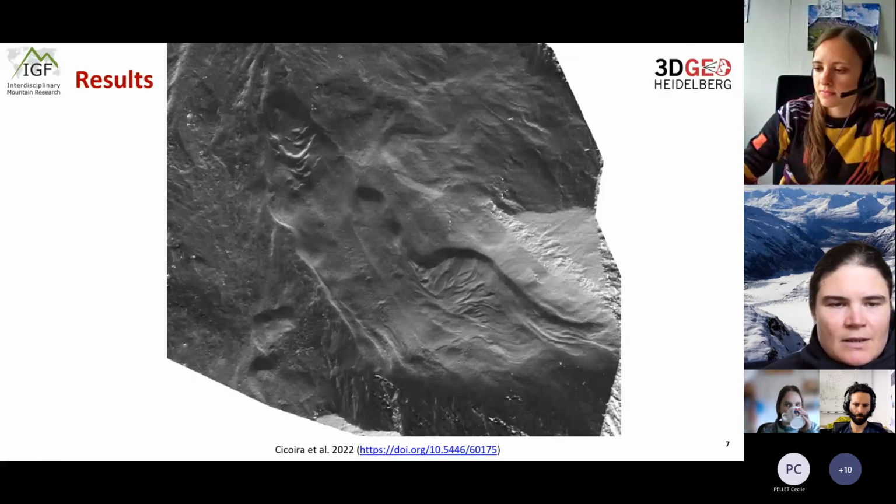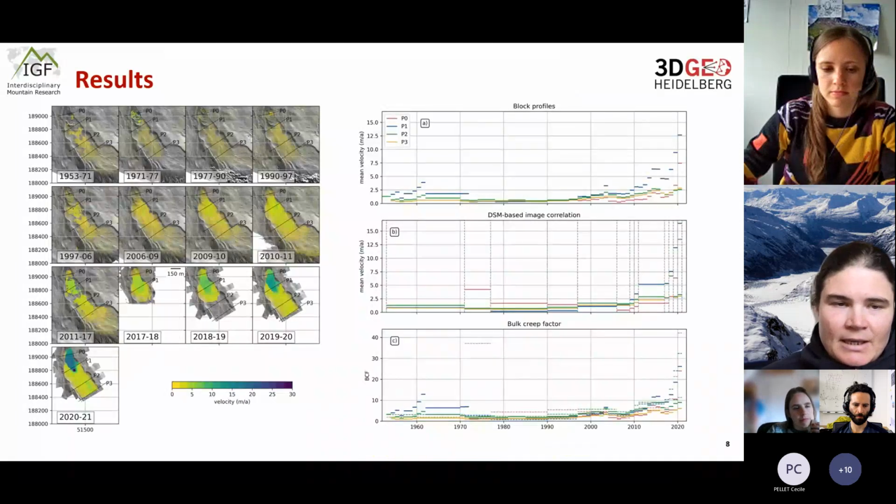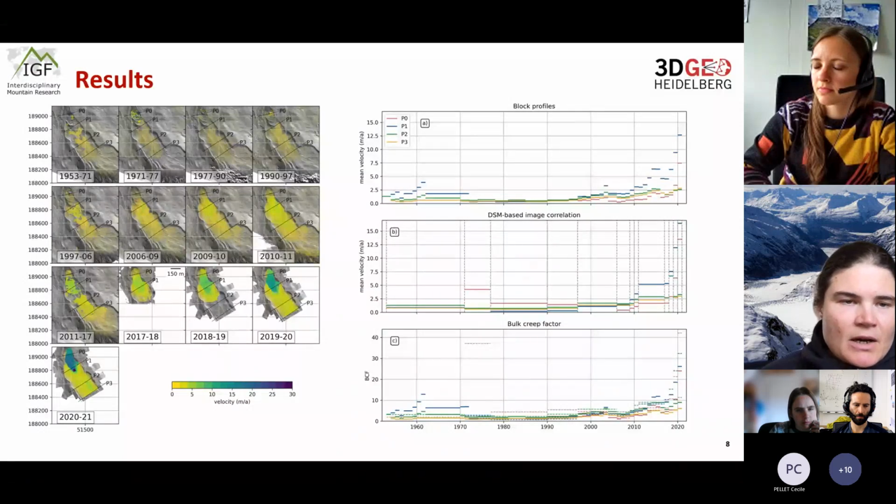If we can go to the next slide. This is another example of things we derived from the data. On the left, we have hill shades of the DSMs in the background with an overlay of velocity vectors produced with image correlation.